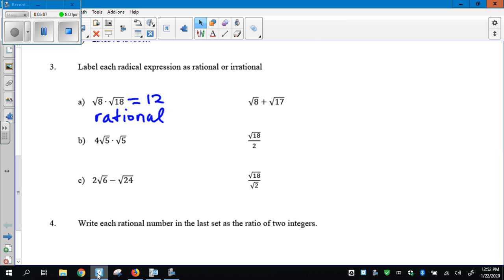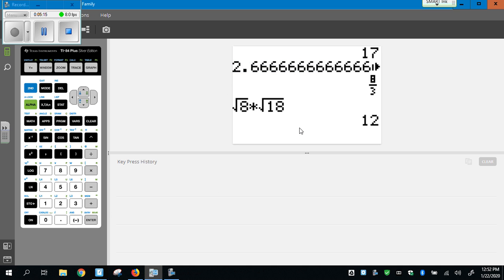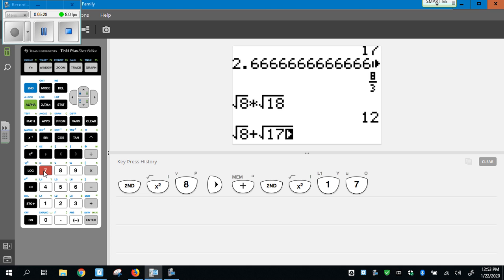Okay. The second one in that set is the square root of 8 plus the square root of 17. If I do that, square root of 8, I'm going to press the right arrow again, plus the square root of 17.